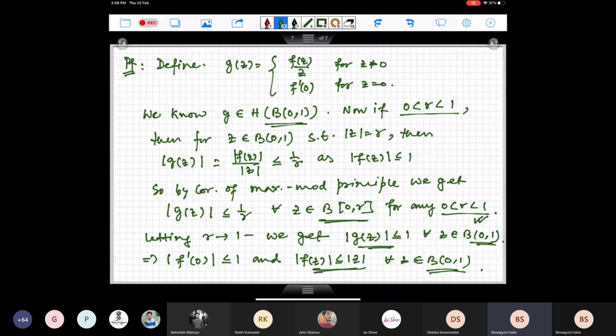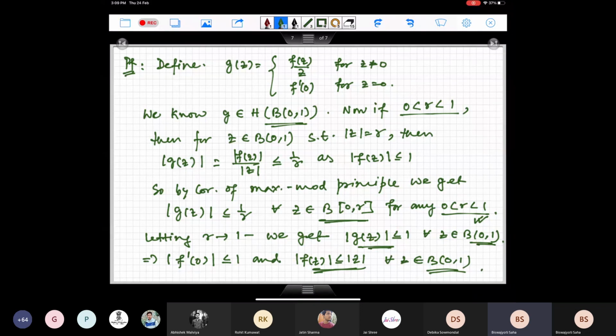So this completes the first part of Schwarz lemma. But as I said, we will be more interested in the next part. The next part is telling me that if I get equality at one of these two places, then what is going to happen?